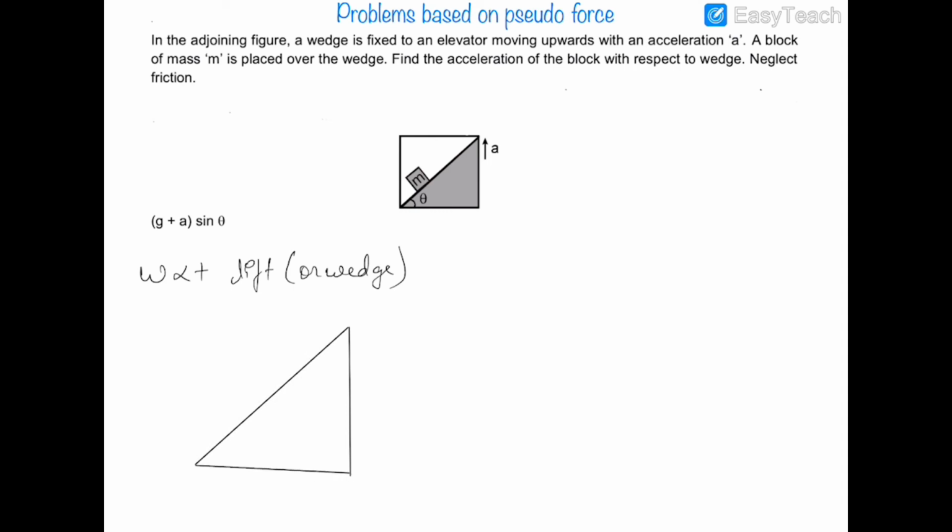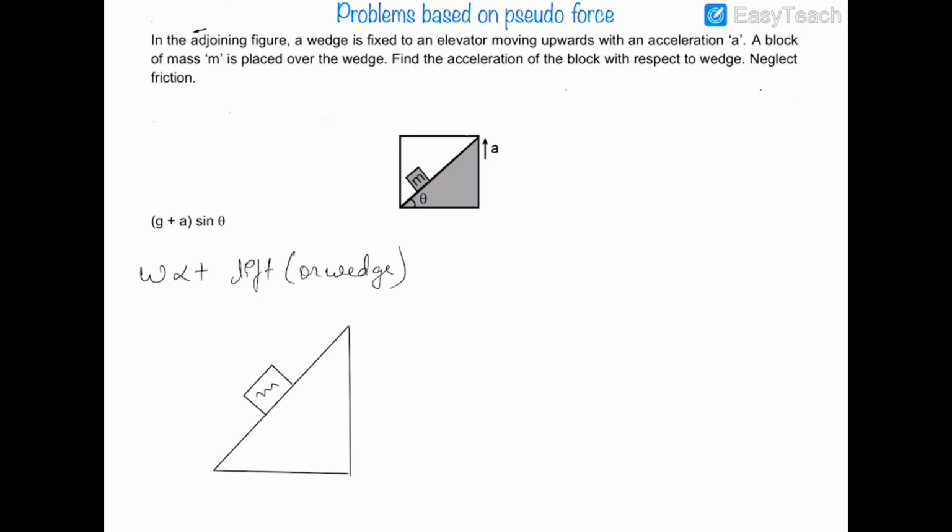This is the inclined plane, and there is a block placed on this inclined plane and its mass is m.